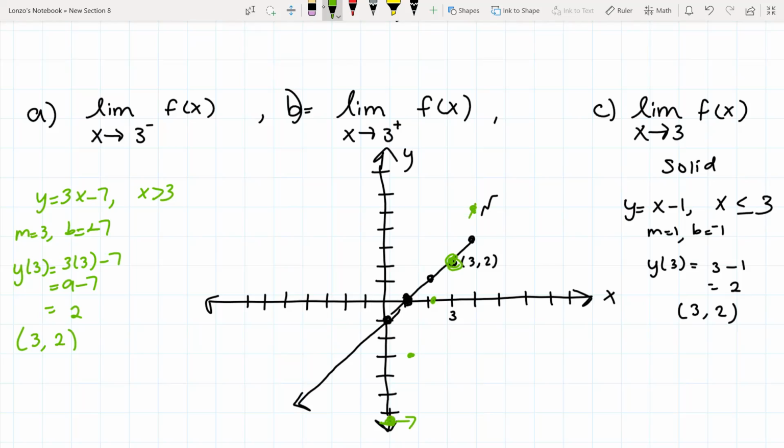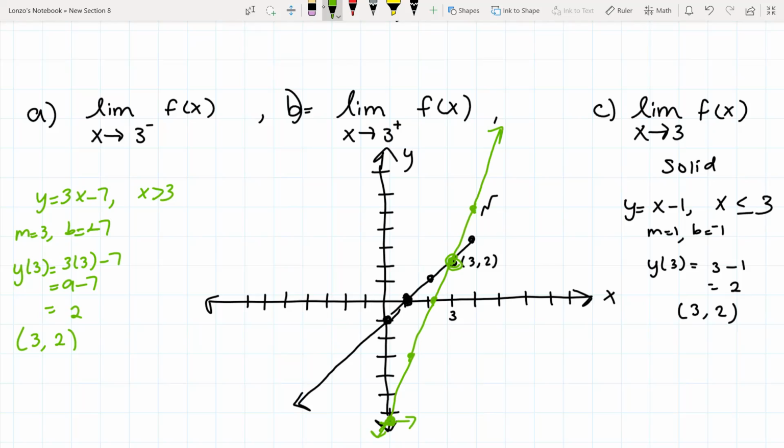If you draw a straight line, it would look something like this.